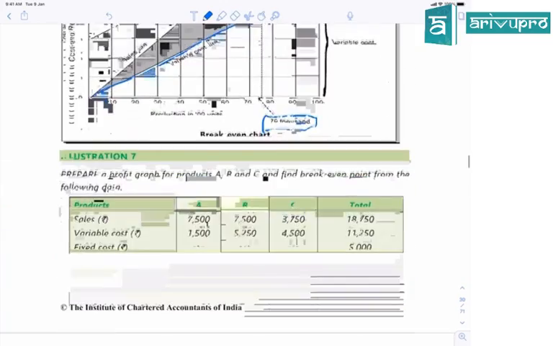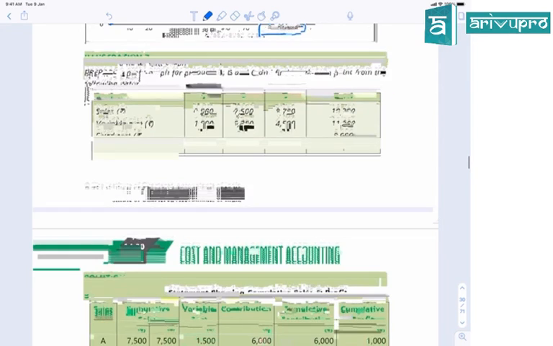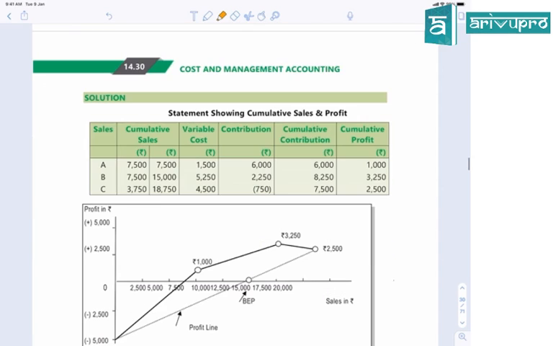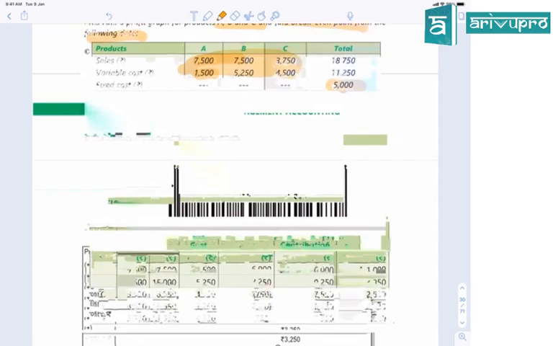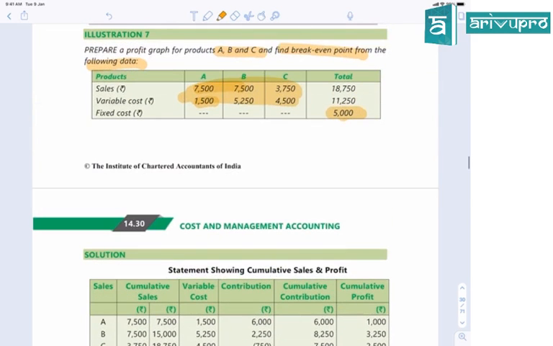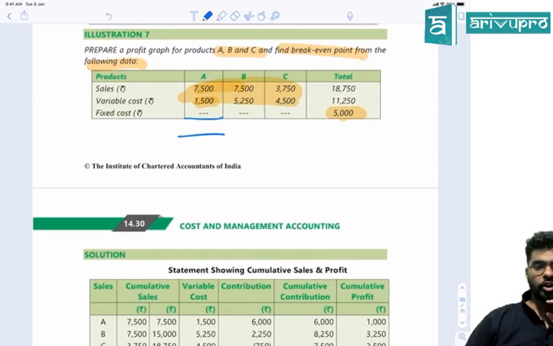Guys, see this question. Prepare a profit graph for A, B, and C and find the break-even point from the following data. Now, see here, what I try doing is, see the first one, how much contribution are you going to get from product A? 7,000 minus 1,500.